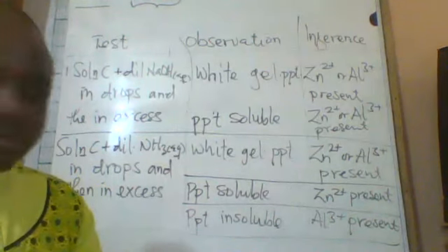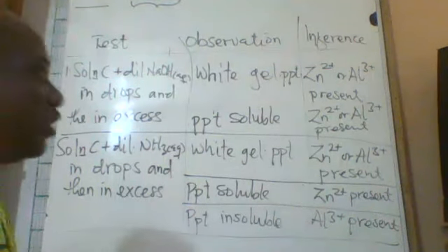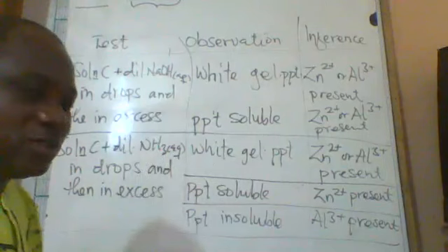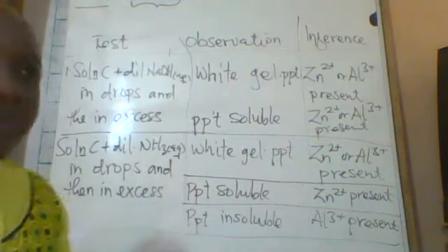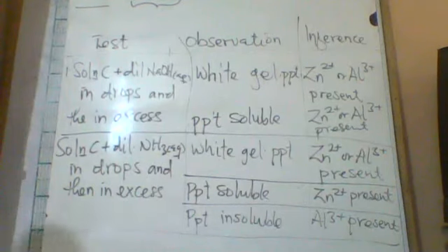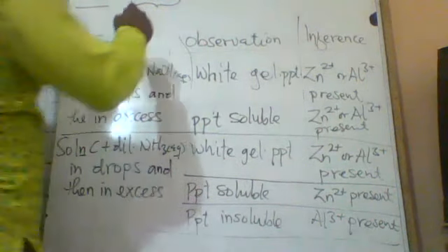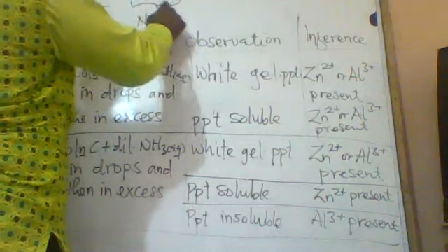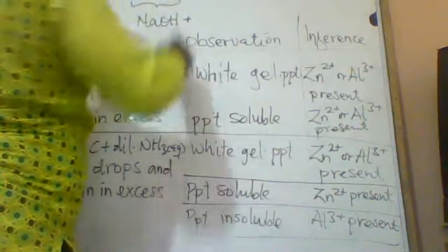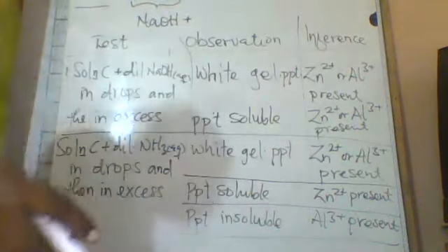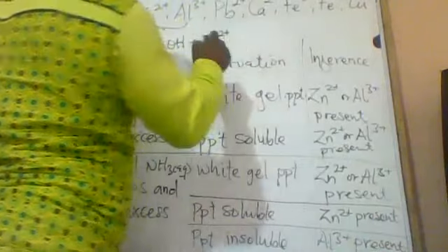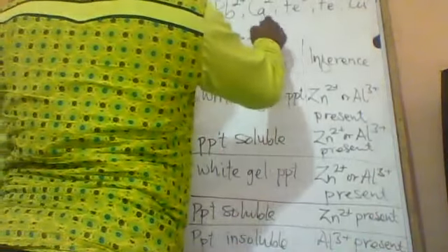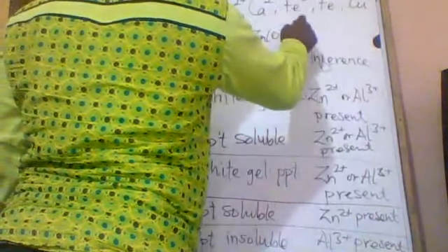Yes, sir. Now, don't forget, what we are doing here too is a chemical reaction. It is a chemical reaction. What is happening here is that if you add sodium hydroxide to a solution that contains zinc ions, you are going to form zinc hydroxide.